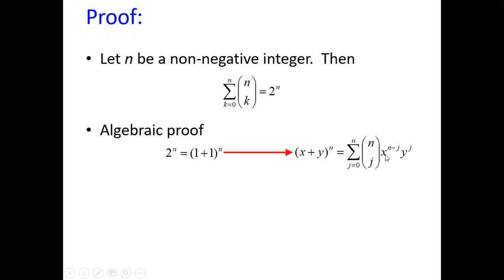We replace x by 1 and y by 1 to get the formula. 1 power k equals 1, 1 power n minus k equals 1. So from 1 plus 1 power n, we use the summation equation of coefficients and replace x by 1 and y by 1. 1 power anything will give us 1. So this is true.